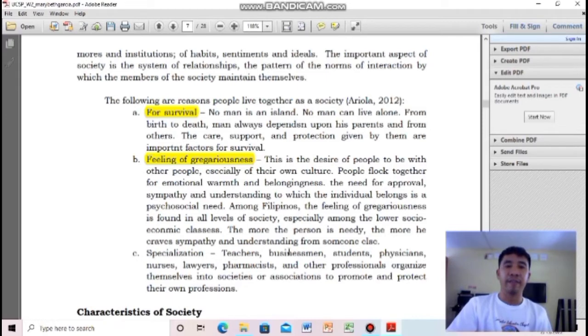Among Filipinos, the feeling of gregariousness is found in all levels of society, especially among the lower socio-economic classes. Ang feeling bilang ay dapat in ikaw sa nga bagay. The more the person is needy, the more he craves sympathy and understanding from someone else.